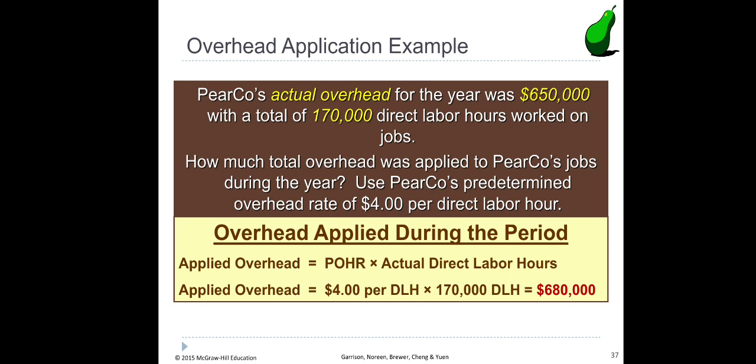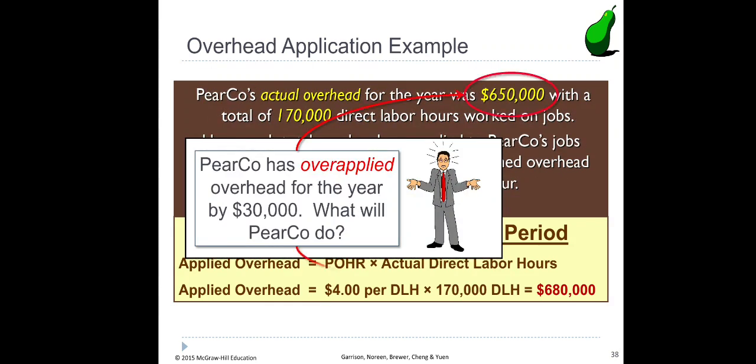Now you see the actual overhead was $650,000, but the applied overhead equals $680,000. That is a situation we call overapplied, because the applied overhead is higher compared to the actual overhead.